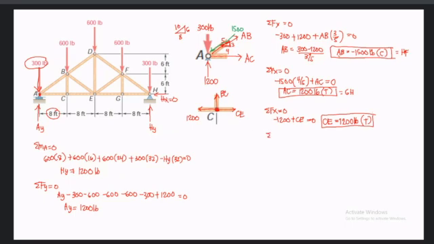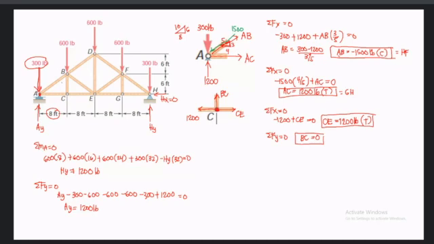Okay, and then summation Fy tayo is equal to 0. So, you have BC. Siya lang mag-isa. No? So, malungkot siya. So, this is 0. Okay? So, nangyayari minsan yan. No? Ibig sabihin, wala siyang dadalhin na load. So, wala siyang ambag. Nilagay lang siya dyan para mas maging stable yung truss natin.